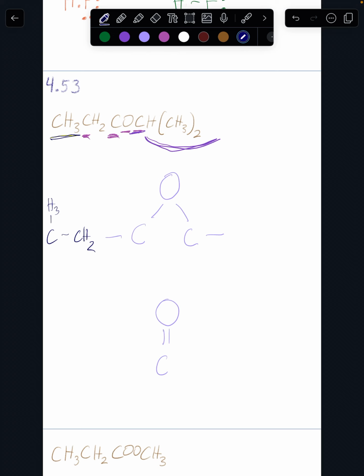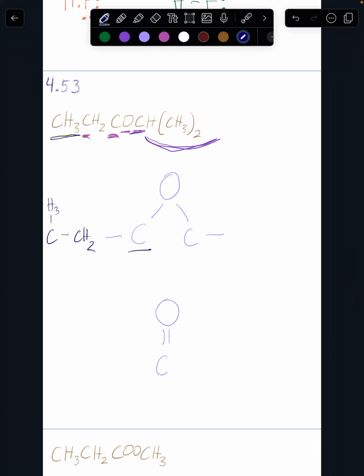Then we have a CH2. Okay, so this one has its 4. So it's all happy. And this one has its 4. So it's going to be happy. So it's connected to this carbon here.